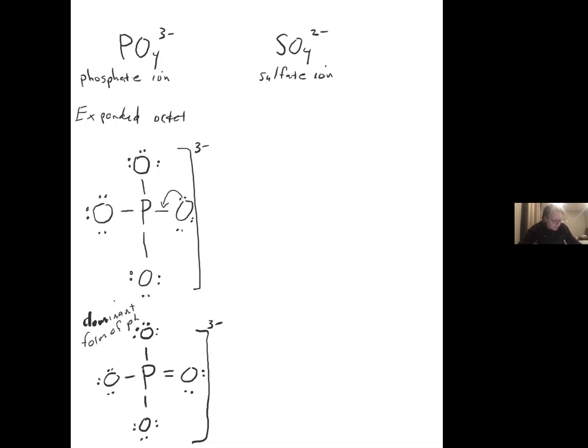So really the question then is, how would we know that this is the dominant structure of phosphate as opposed to the one that's on the top. And the traditional way of explaining that is through something called formal charge.